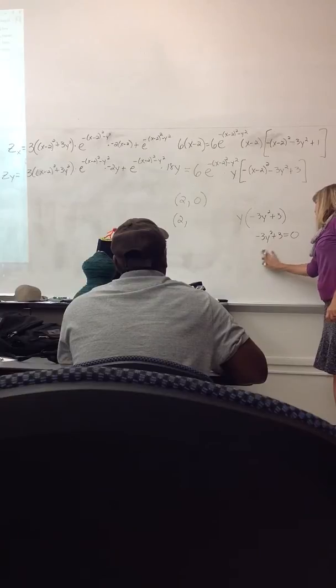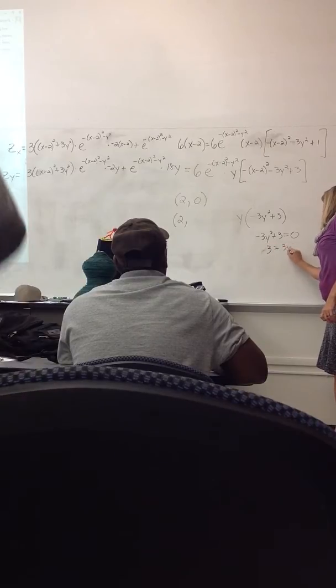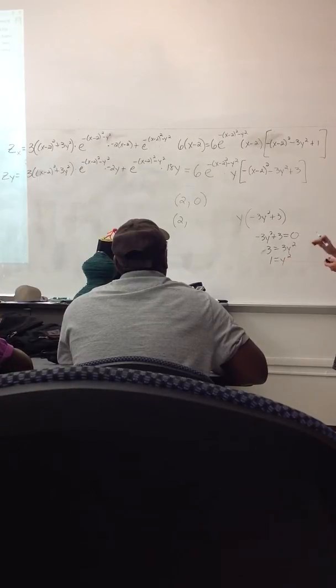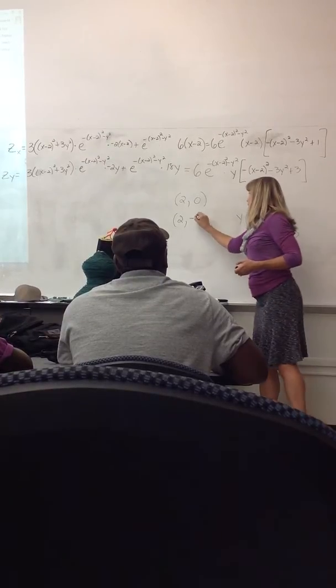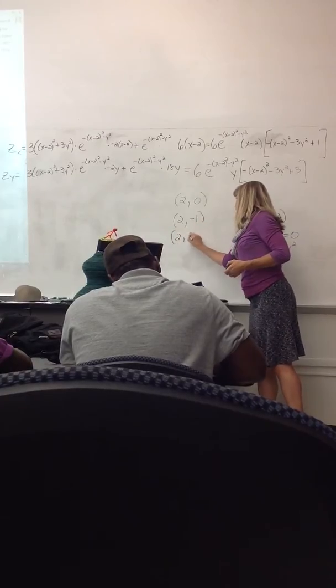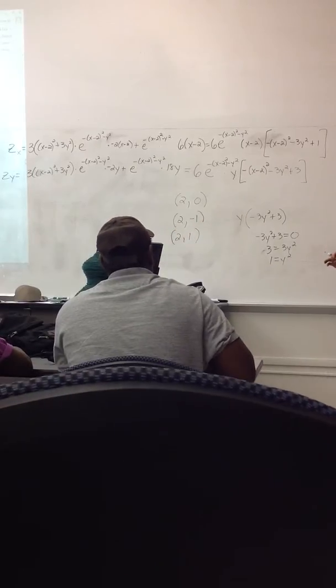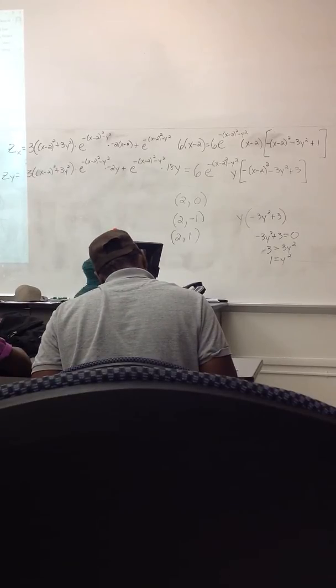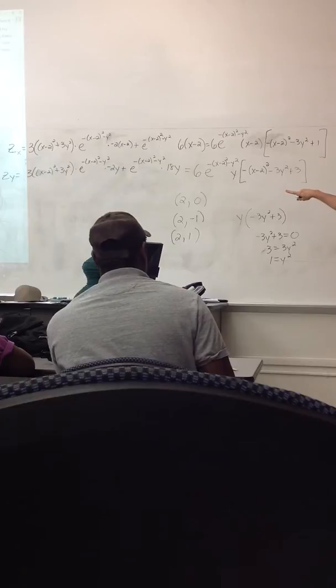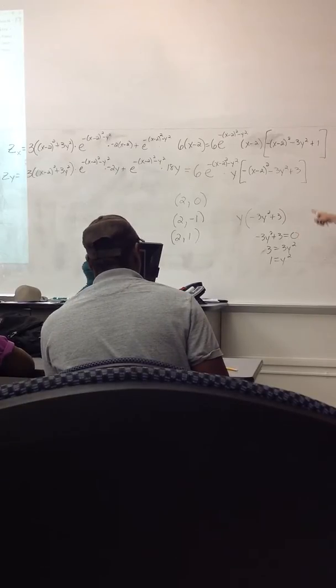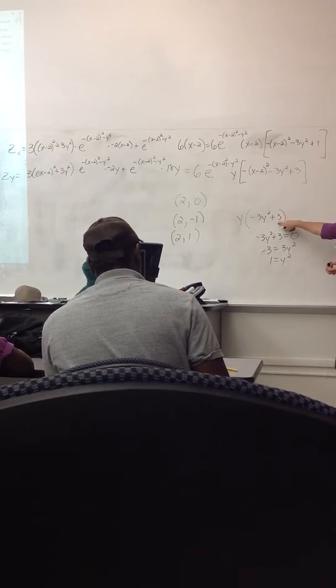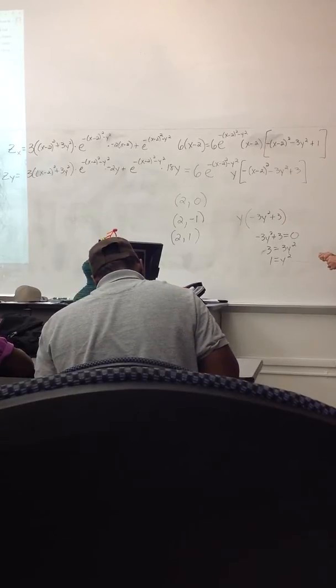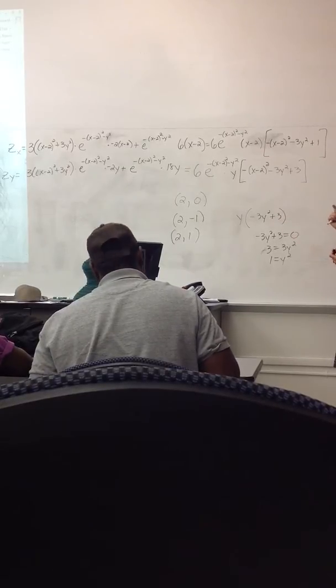So y would have to be plus or minus 1. So those are 2 more critical values. But those are all the ones we're going to get where x is 2, because I've exhausted my options for x being 2. So now let's try y equaling 0.